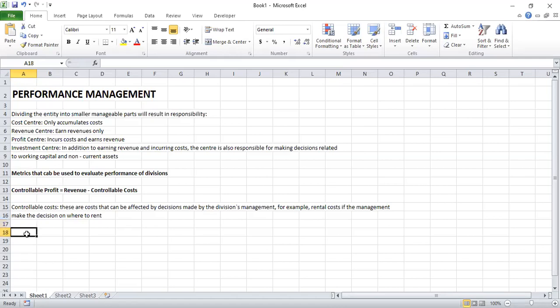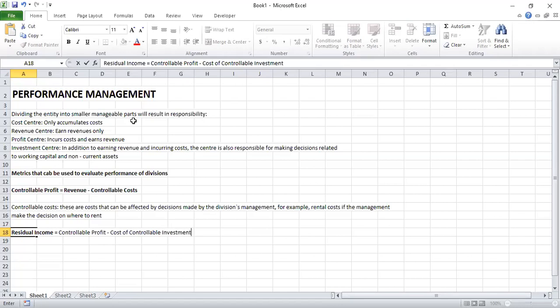Then we also have what is called residual income. Residual income is equal to controllable profits minus cost of controllable investment. Right.